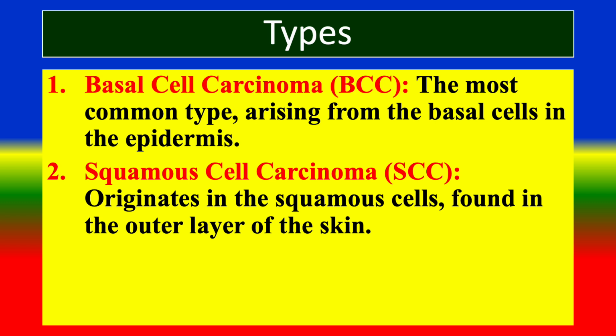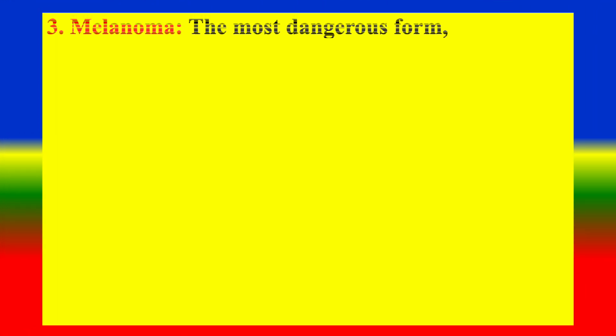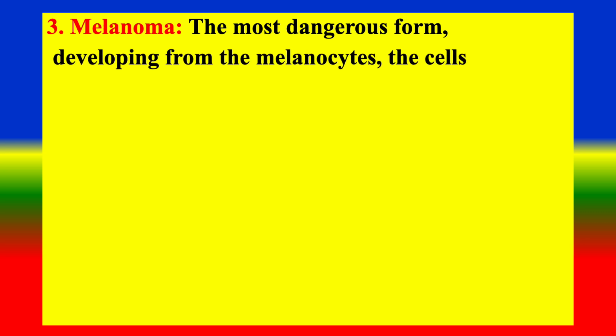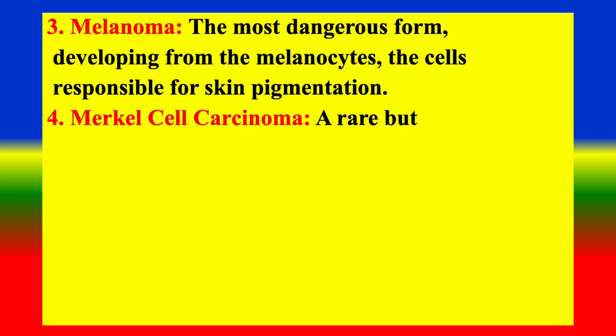Squamous cell carcinoma, originating in the squamous cells found in the outer layer of the skin. 3. Melanoma, the most dangerous form, developing from the melanocytes, the cells responsible for skin pigmentation.